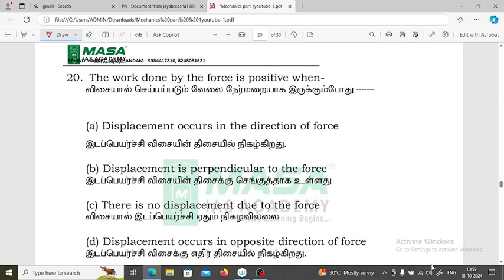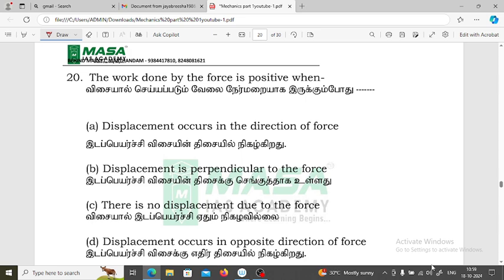Question number 20. The work done by force is positive when... First option, displacement occurs in the direction of force.